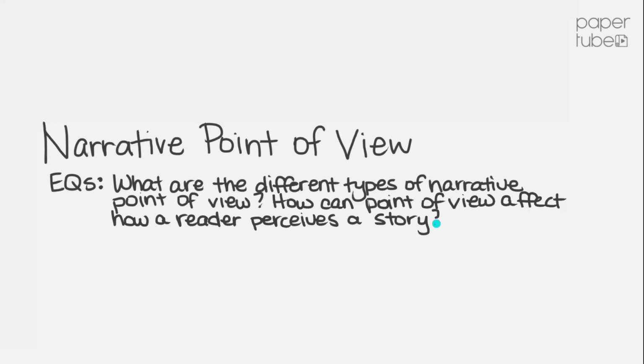So if an author chooses to use a particular point of view, they're choosing to use that point of view for a reason. They're wanting to have a specific effect on their reader. You need to be able to look at that as part of the story's structure and identify what that effect is that the author is trying to go for.